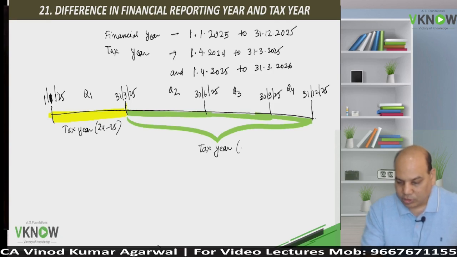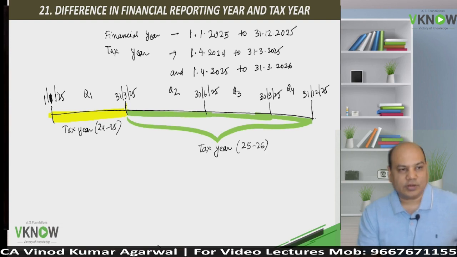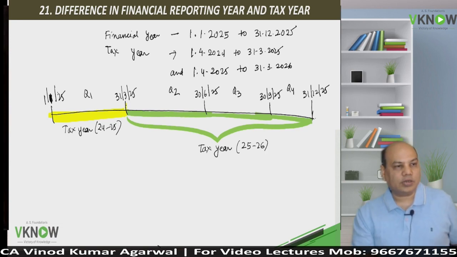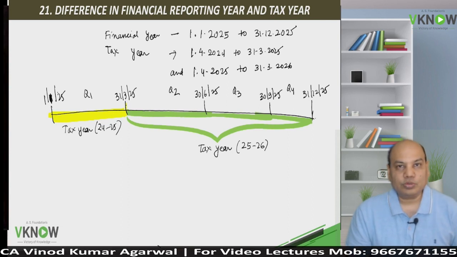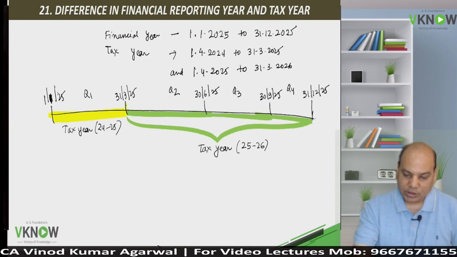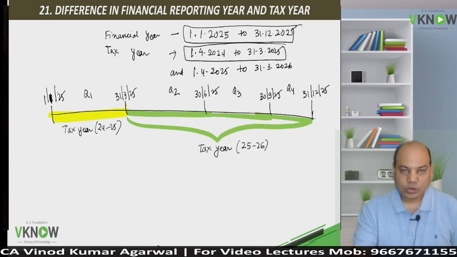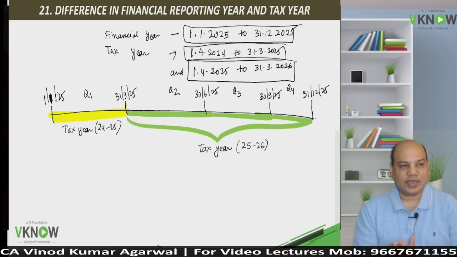So that we will call 2025-26 tax year. One financial year, but falling into two tax years. One financial year is one, but some portion of it falls in the first tax year and some portion of it falls in the second tax year.